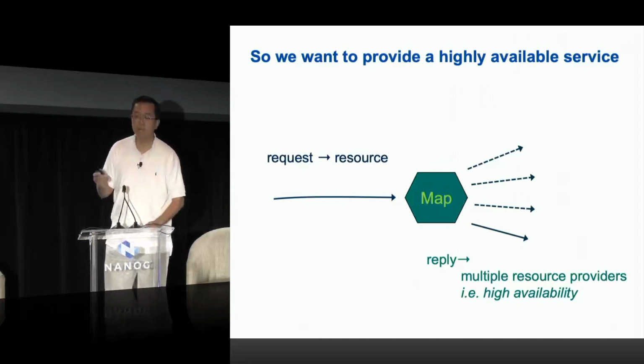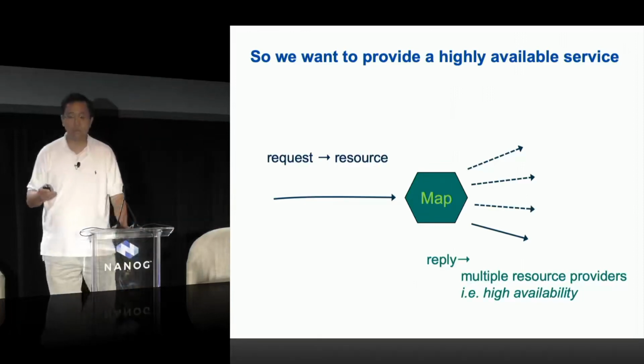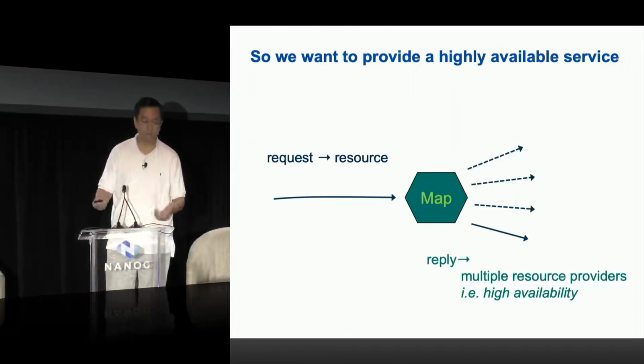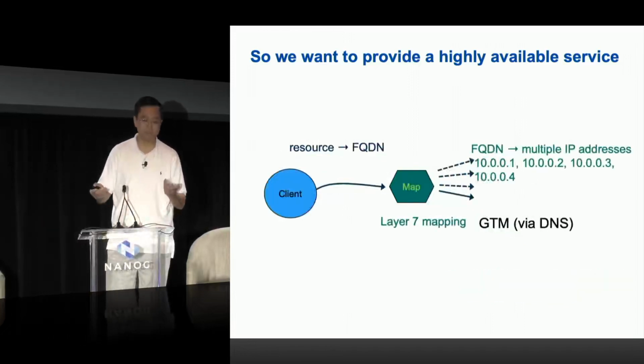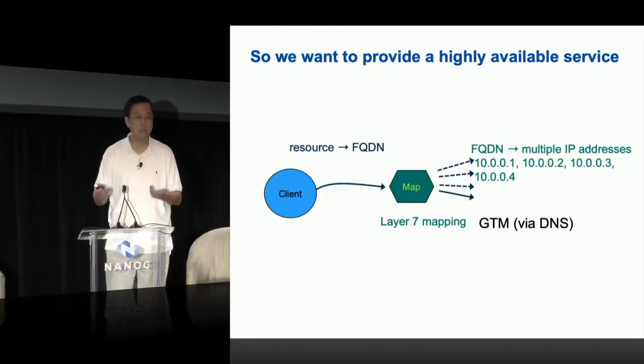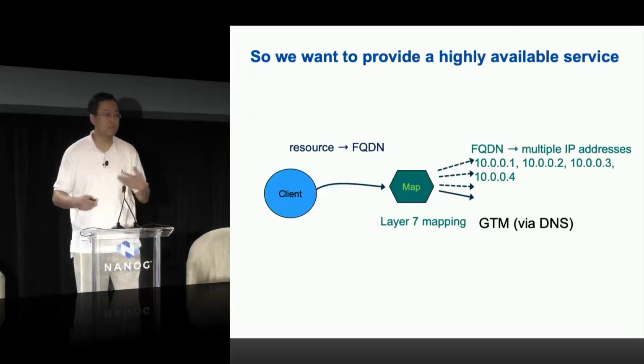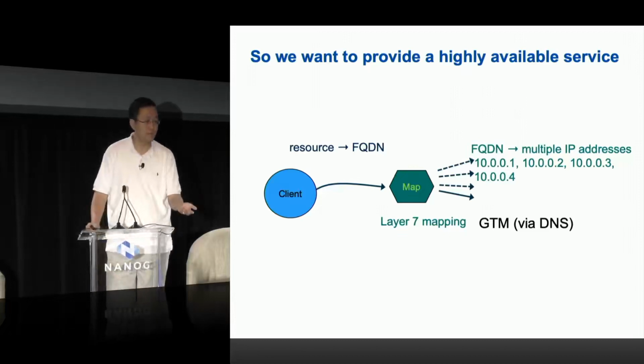So this concept is of course fairly present in, say, DNS-based global traffic managers, at layer 7 mapping, where a client reaches out for an FQDN, which is mapped to different IP addresses as they are available or based on certain policy.